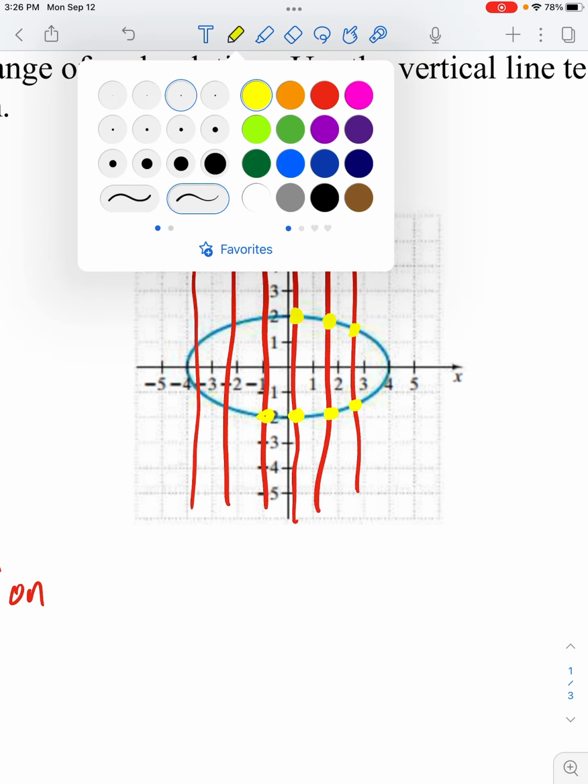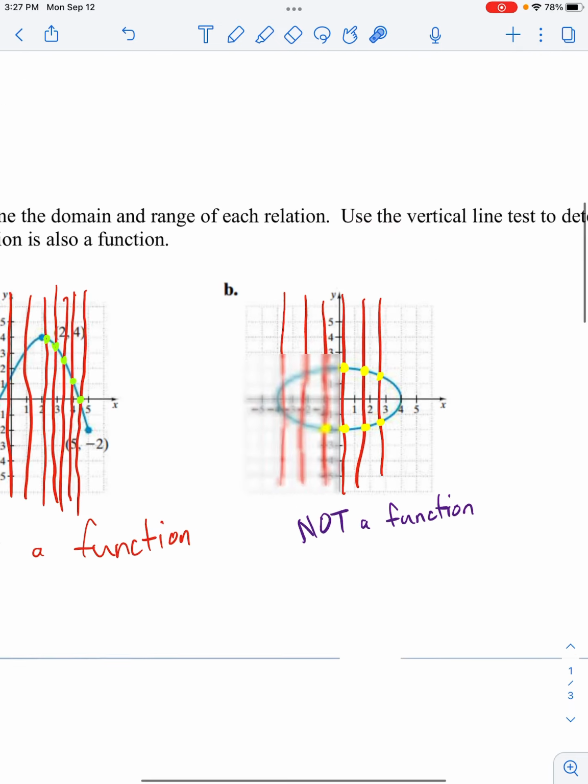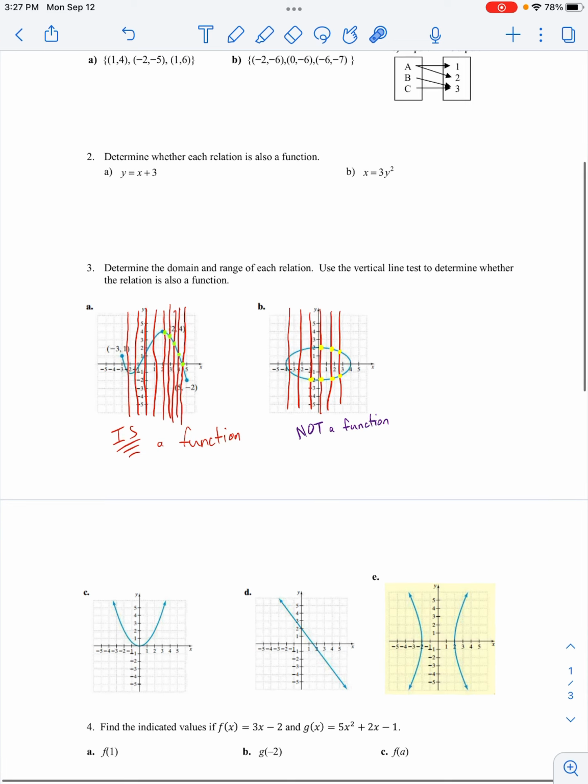So we conclude that this is not a function. It does not pass the vertical line test because it passes through a bunch of these vertical lines twice at two different places, okay? So this is not a function.